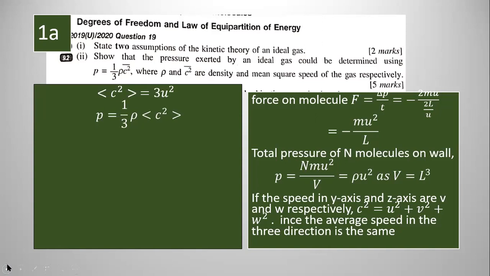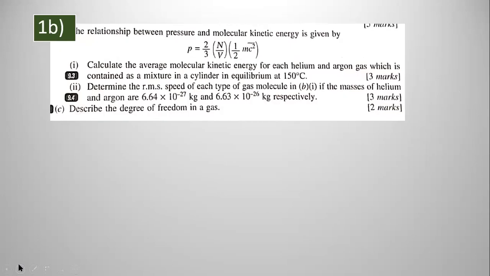Next one, B1. The relationship between pressure and molecular kinetic energy is given already. Calculate the average molecular kinetic energy for each of helium and argon gas, which is contained in a mixture in a cylinder in equilibrium at 150 degrees.